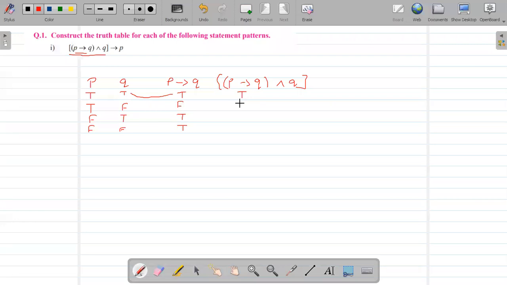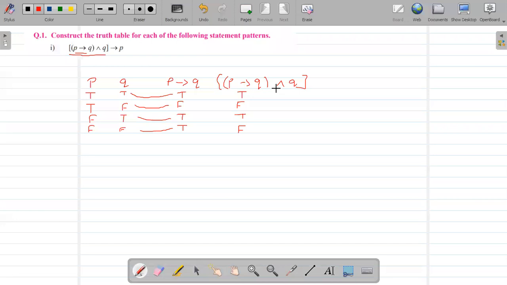False, false: in the case of conjunction, false. True, true: true. True, false: false.